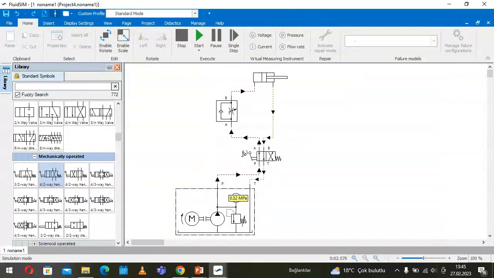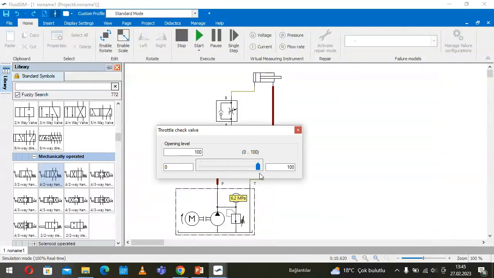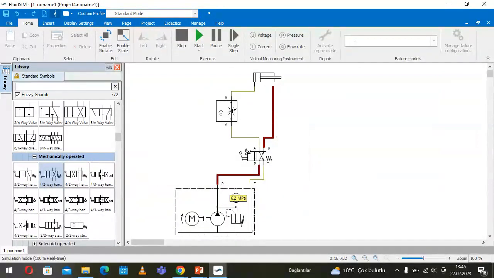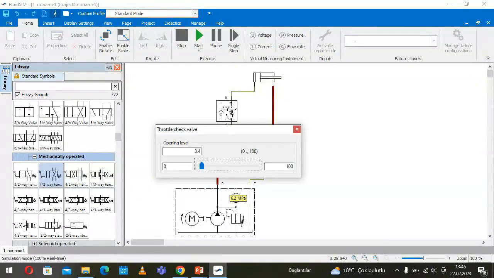You see, it moves forward. And I can reduce the speed like this. And you see, it doesn't move, huh? Or very slow, because we have to open a little bit.